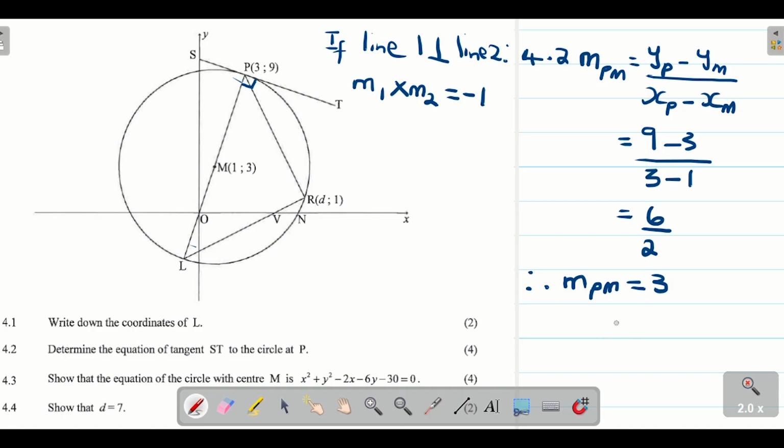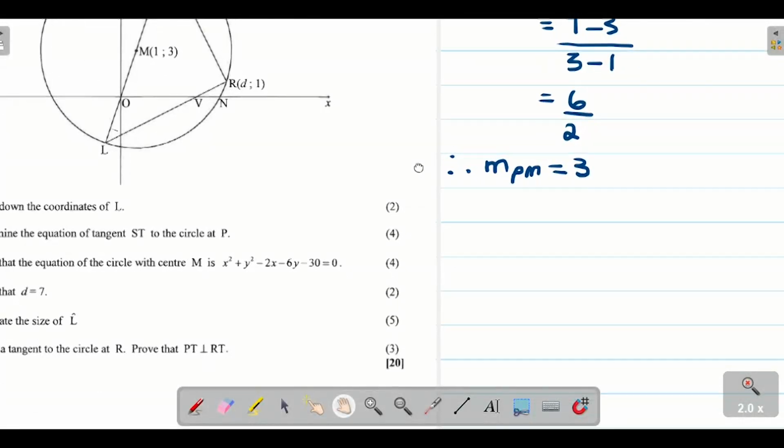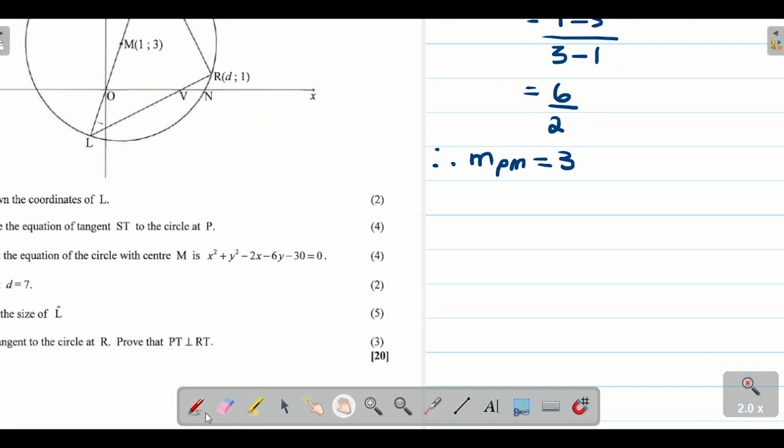So now we can use the gradient of line PM, because line PM is the radius, to get the gradient of line ST. This is what we're gonna do. So we're looking for the gradient of line ST. We're gonna say the gradient of line ST, when we multiply it with the gradient of PM, must give us -1.